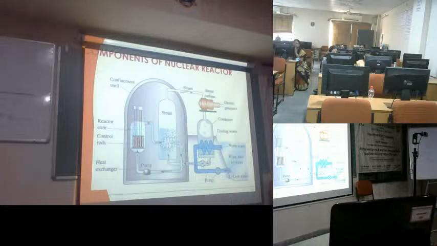So what needs to be done? We need to lower the energy of the neutron. So there is a moderator. Generally heavy water is used as a moderator, which can lower the energy of the neutron. This is known as the thermalization of the neutron, and that thermalized neutron is capable of hitting the uranium nuclei and producing the nuclear reaction.